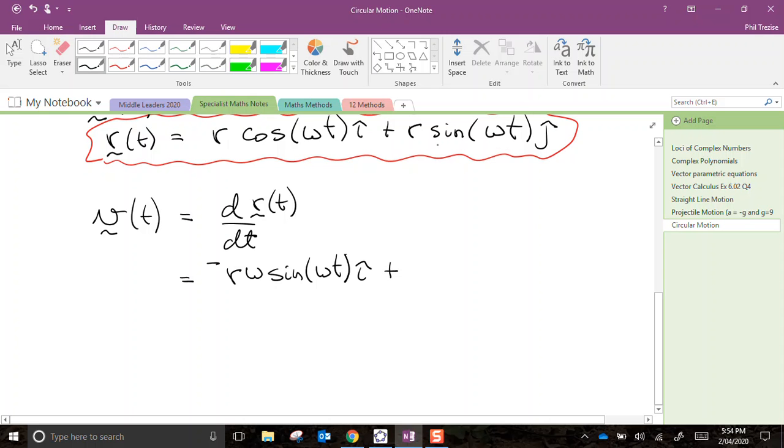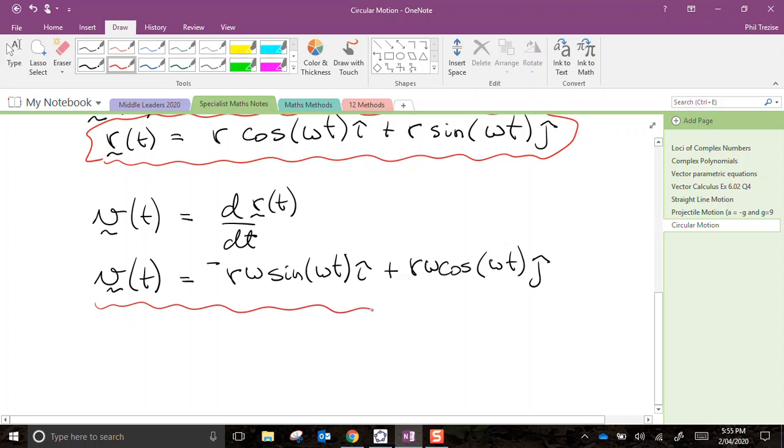In a similar way, derivative of sine will be cosine of omega t. Derivative of that is omega, so we'll have r multiplied by omega, and that's the j component. This is our velocity vector as a function of time. So the velocity will change depending on the value of time.